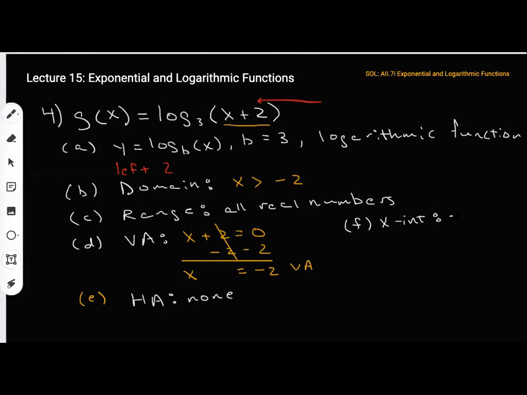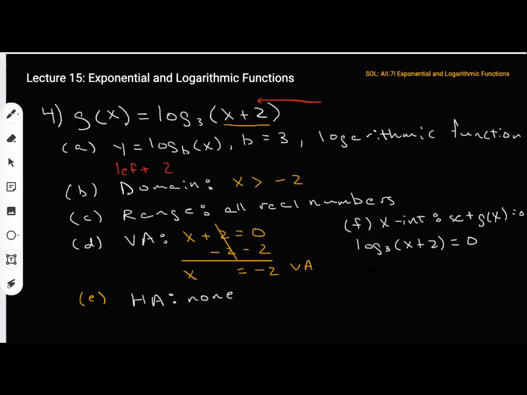So for the x-intercepts, I want to set the whole function g of x equal to 0. If I set the entire function equal to 0, I'm going to figure out very quickly what x has to be for this to work. So we're going to take log base 3 of x plus 2 and set it equal to 0.